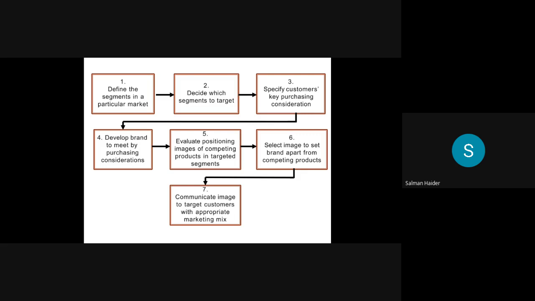First, to identify out which particular segment we are trying to do, then how to decide which particular segments to target, specify customers key purchasing consideration, किस particular consideration को हम कंसिडर करते हैं, कैसे हम ब्रांड डेवलप करते हैं ब्रांड को टू मीट द परचेजिंग कंसिडरेशंस, देन कैसे हम इवैल्यूएट करते हैं, इवैल्यूएट पोजिशनिंग इमेजेस फॉर कंपीटिंग प्रोडक्ट्स और इन टारगेटेड segments, then select the image.